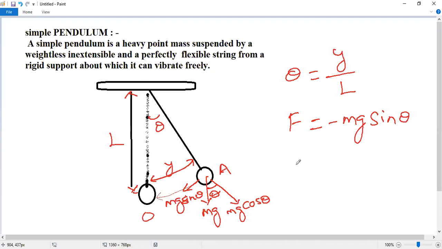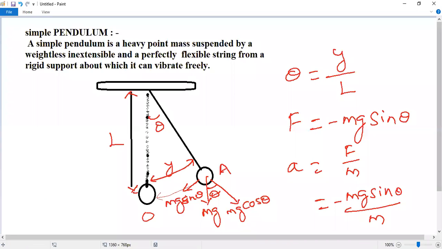For the acceleration, a is equal to F by m, and the value of F is minus mg sin theta, divided by m.